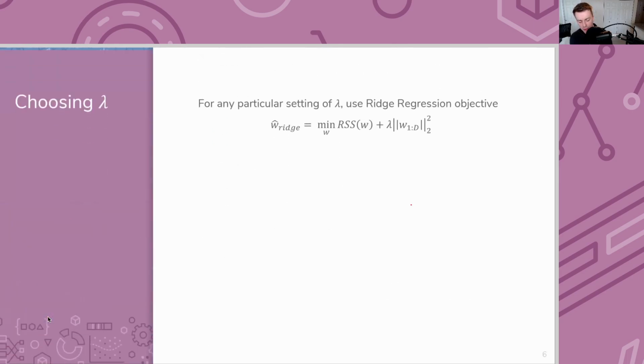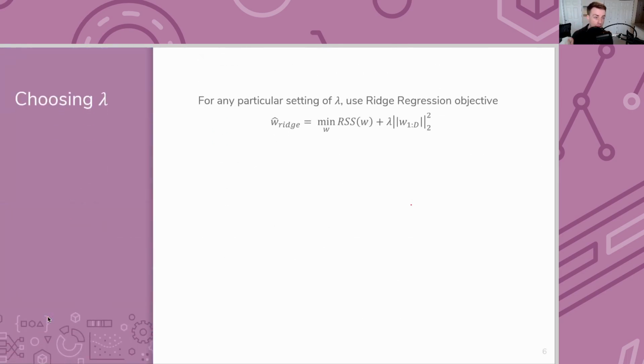This is a bit confusing at first, so I have a couple slides to walk us through this. When you're choosing the coefficients, for any particular setting of lambda, the ridge regression objective, the quality metric we use while training, is to find the W that minimizes the training error plus this lambda times the magnitude of the coefficients.